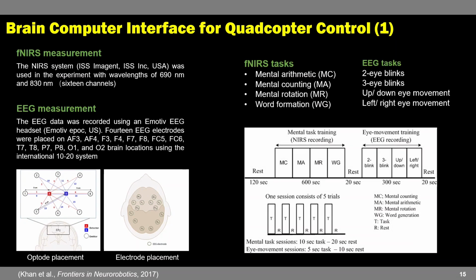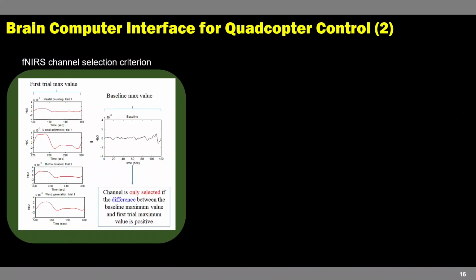They also asked the subject to perform different tasks. In fNIRS, they asked the subject to do mental counting, mental math, mental rotation, and word generation. In the EEG case, they asked the subject to do eye blinking and eye movements. They repeated these tasks several times.